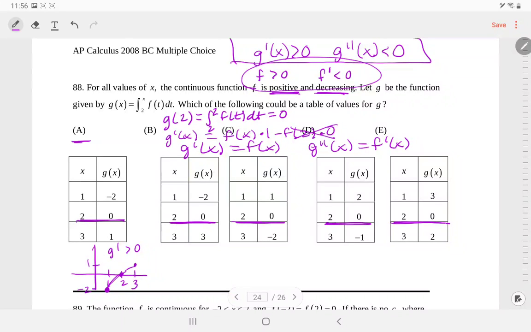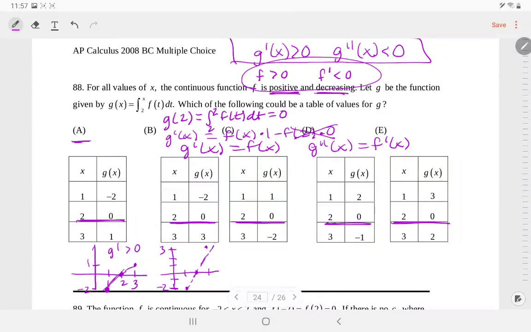I kind of like A. I don't like when it's A, though, because then I think, am I really right that it's A? Okay, so this is negative 2, 2, and then 3. Let me try to draw this to scale. See, that's concave up, because if it was a straight line, it would go like this.